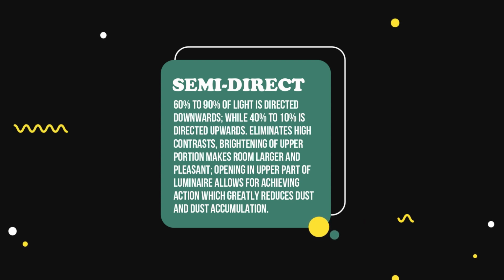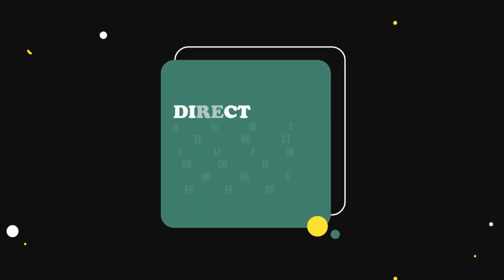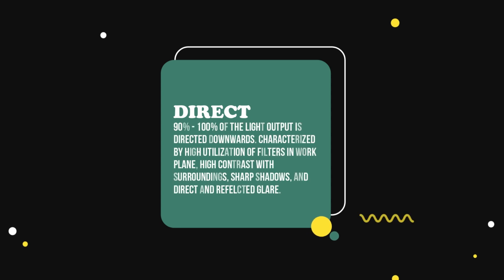Eliminates high contrast. Brightening of upper portions makes the room larger and pleasant. Direct: 90% to 100% of the light output is directed downwards. Characterized by high utilization of lumens on the work plane, high contrast with surroundings, sharp shadows, and direct and reflected glare.